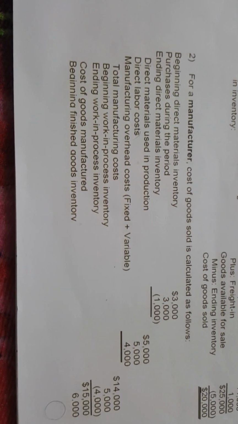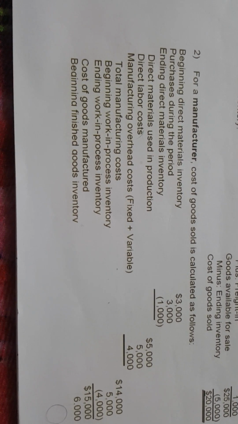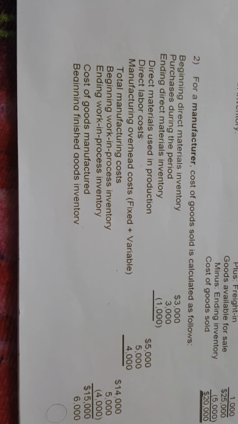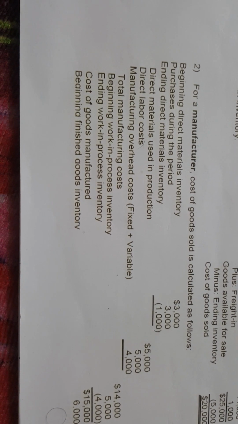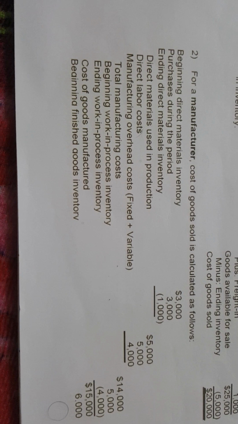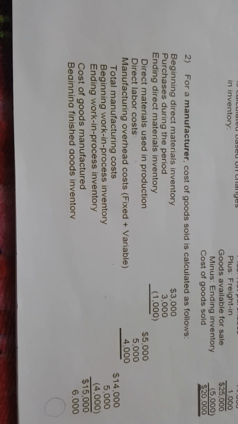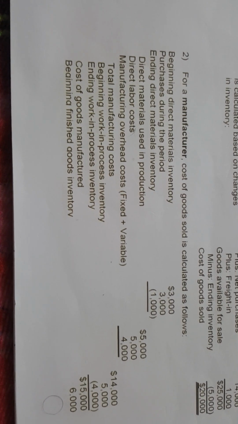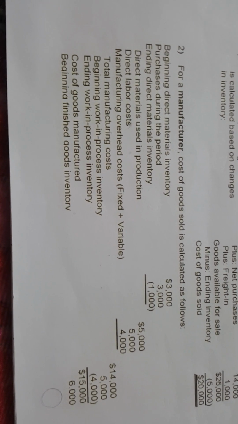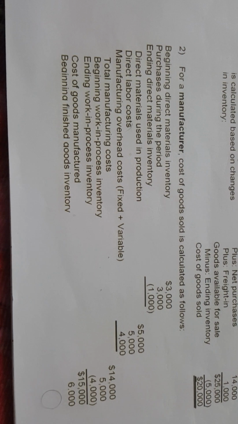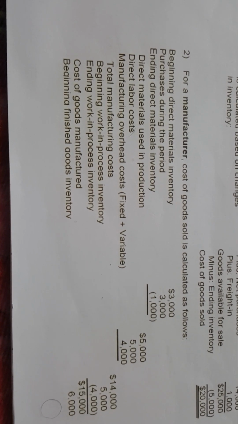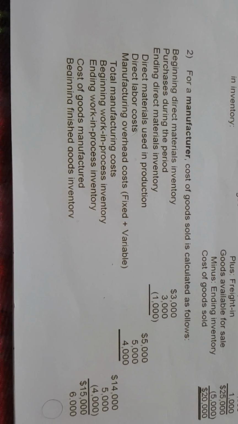To get the total manufacturing cost, just close your eyes and memorize this format, because this format is very important. So to direct material used in production we add direct labor plus manufacturing overhead, fixed and variable, okay, then you'll get the total manufacturing cost.